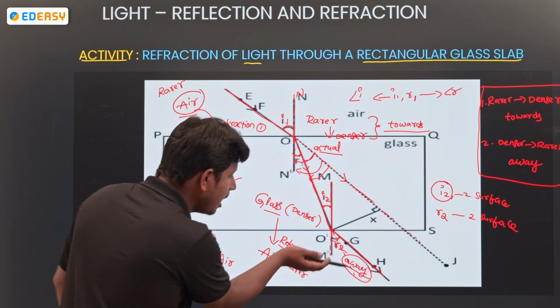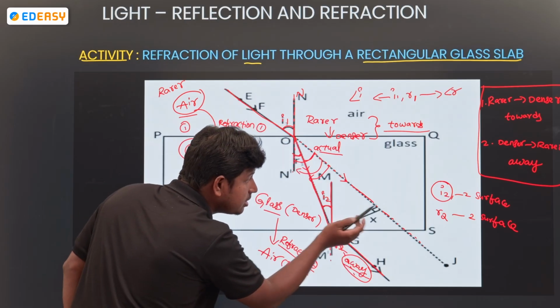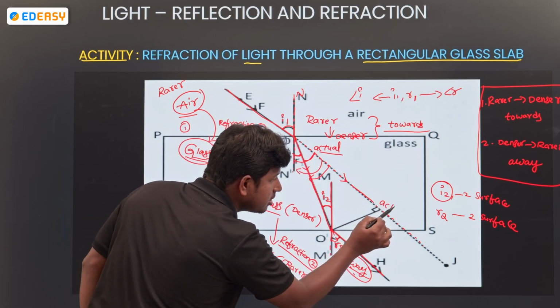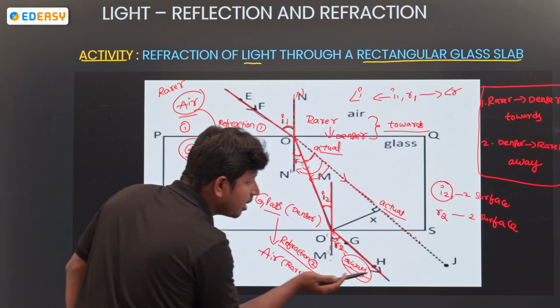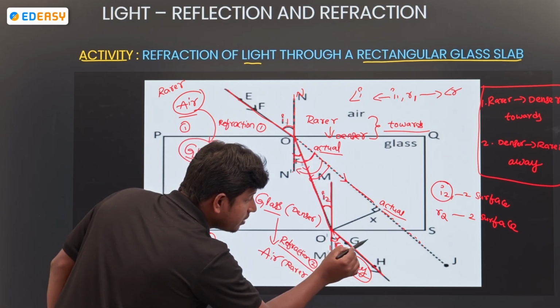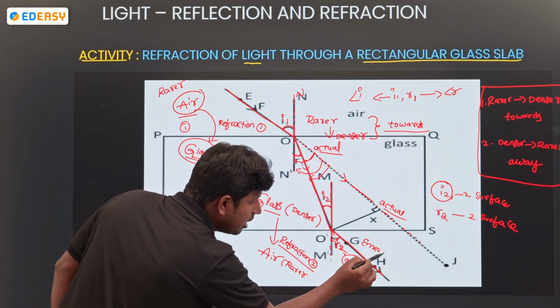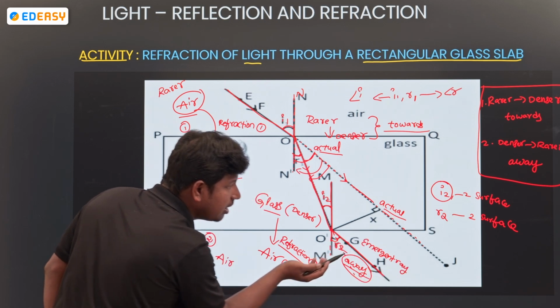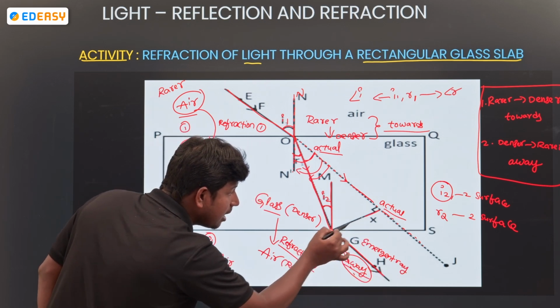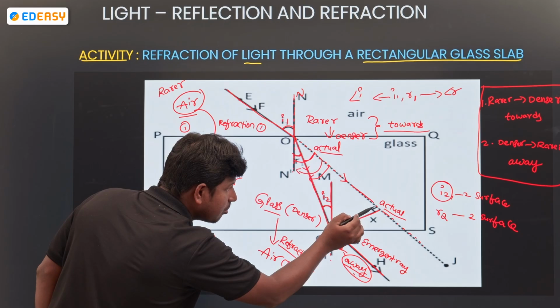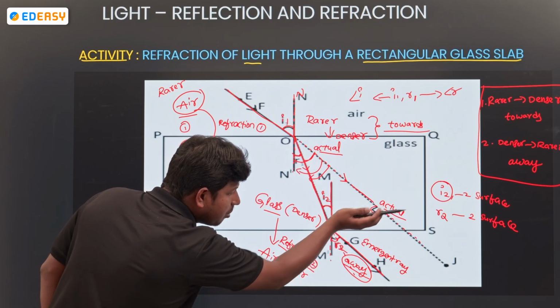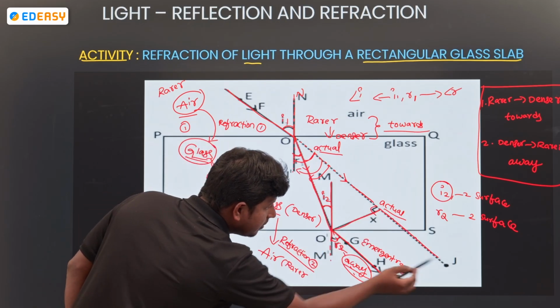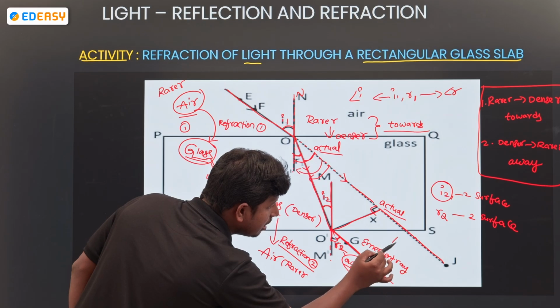Okay, how will this light ray be? This is the actual ray, right? And the emergent ray which is coming out, what do we call that ray? Emergent ray. So how is the emergent ray with respect to the actual ray? Both are parallel. See, if I draw a normal, a perpendicular line, how will these two be?